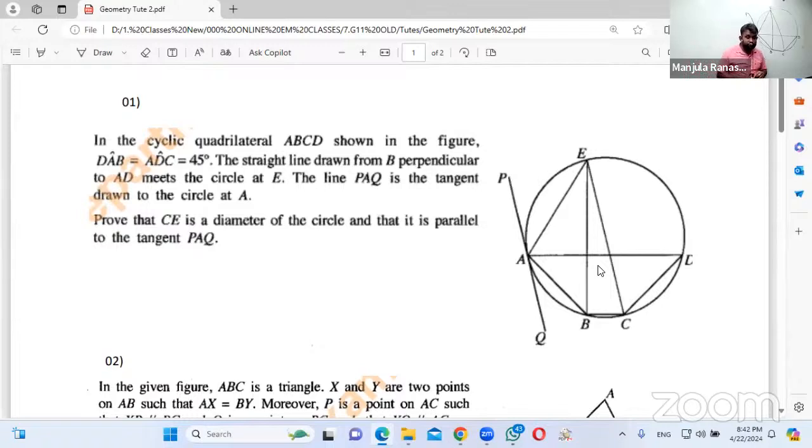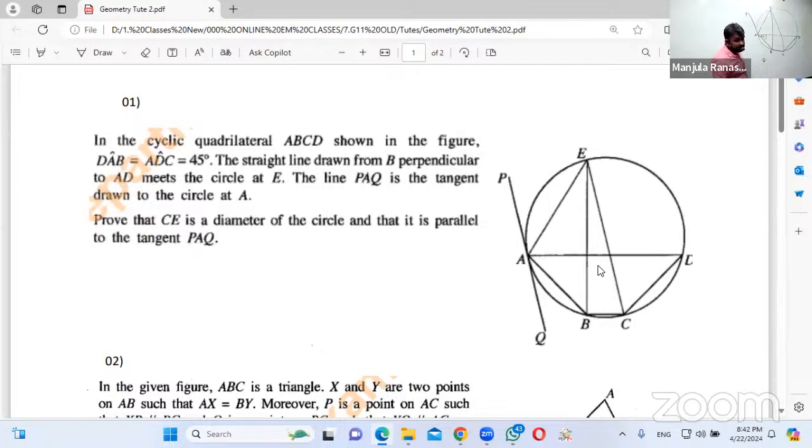Now you can read the question. In the cyclic quadrilateral ABCD shown in the figure, DAB equals 45, so that is 45.